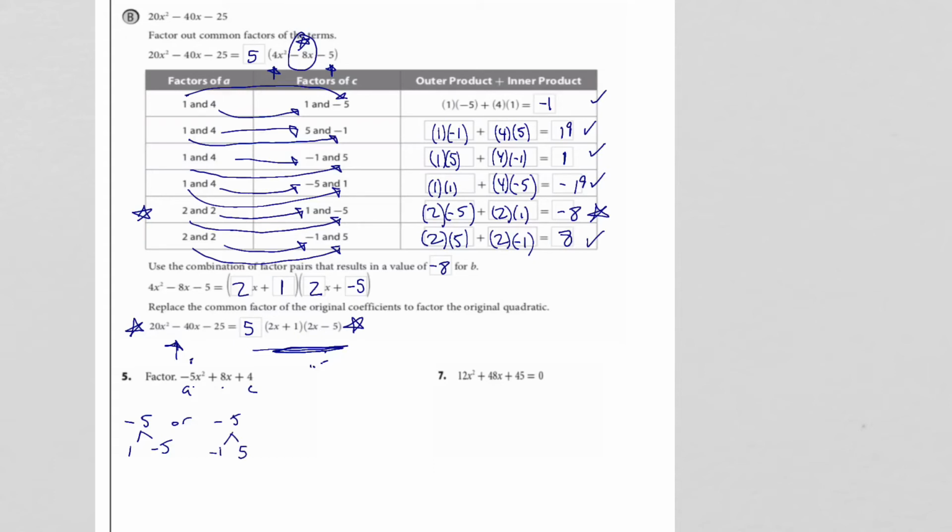And then what are the factors of 4? Well, there are several, right? We have 1 and 4. We also have 2 and 2. So somehow, through a combination of the factors of part A and the factors of part C, we've got to add up to 8.